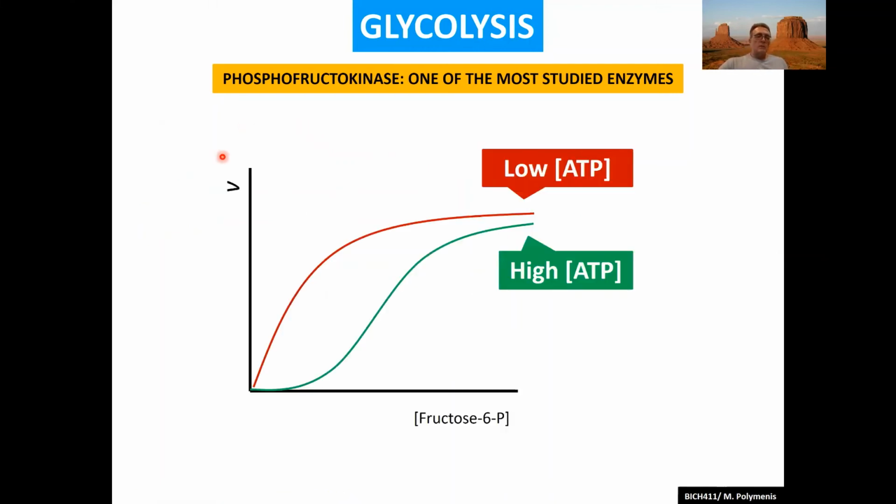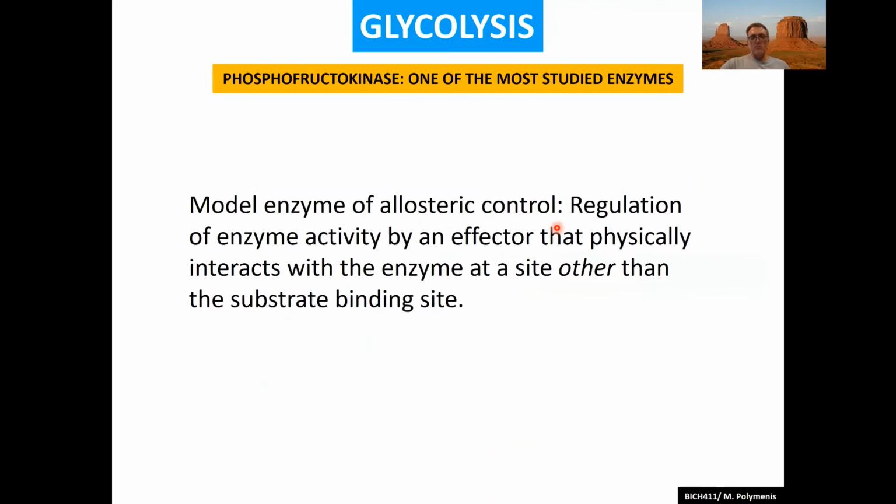And instead of the typical Michaelis-Menten behavior that you see here, where you look at the velocity of the enzymatic reaction as a function of the concentration of fructose 6-phosphate, here we have a sigmoidal behavior at the high ATP concentrations, which is a telltale sign of an allosteric enzyme. So at high ATP, you get this sigmoidal behavior.